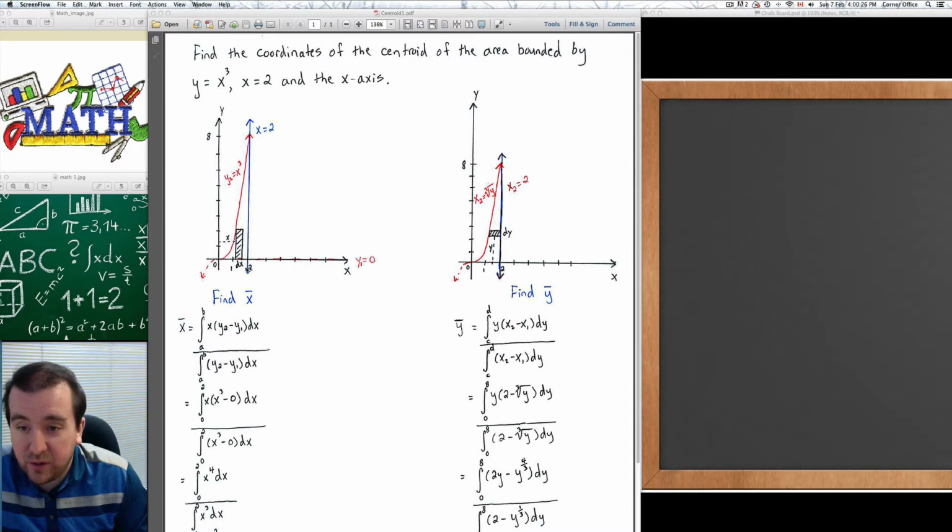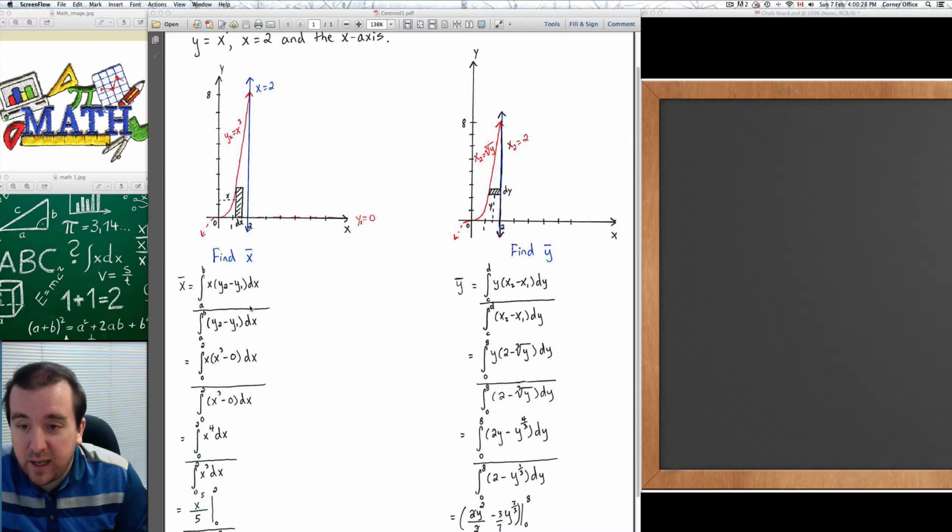in this case. And we need to divide that by the integral of a to b. Again, we're going from 0 to 2 of y2 minus y1 dx. Now it's very important to remember that we can't cancel things here. We actually had to find the integral of the top and the integral of the bottom before we could do any canceling.